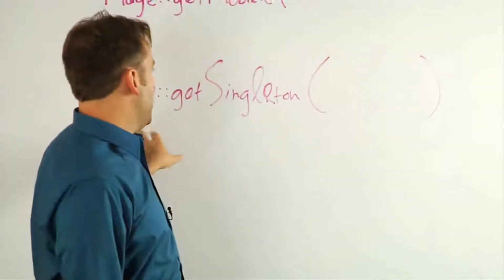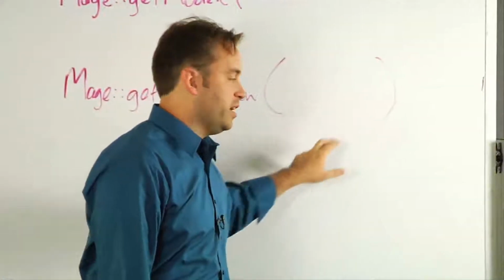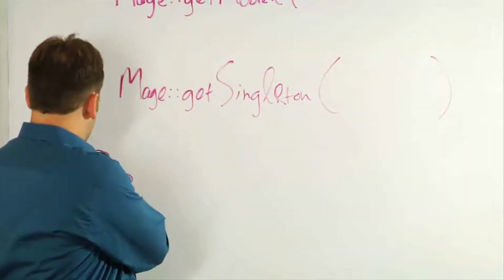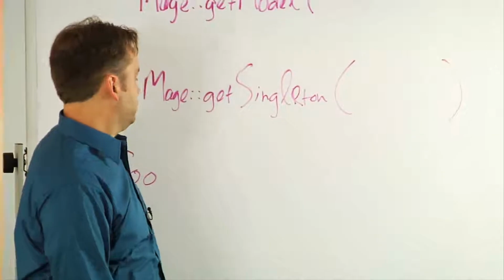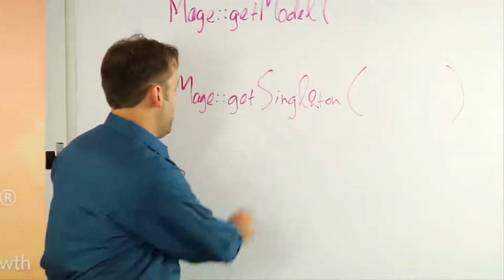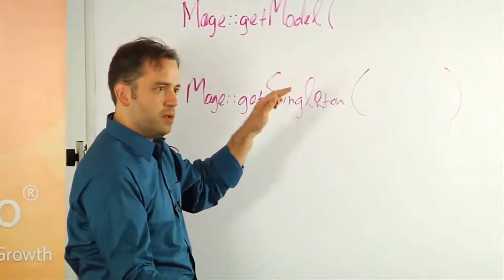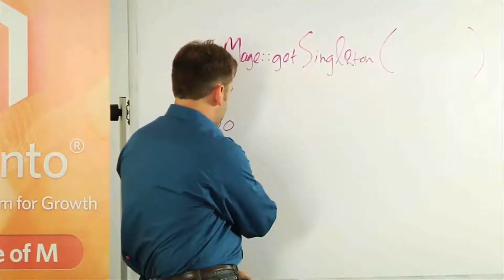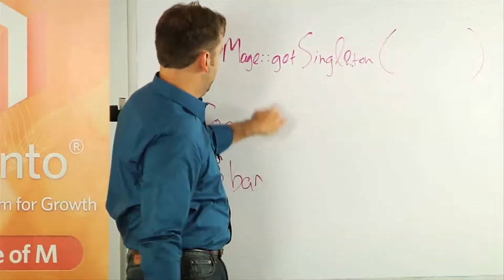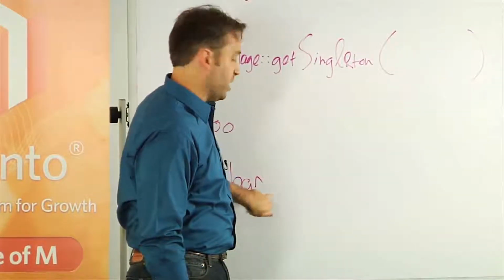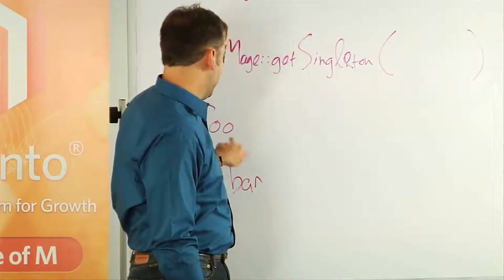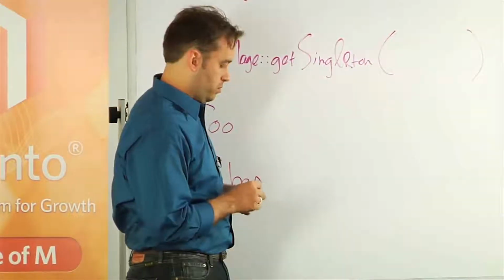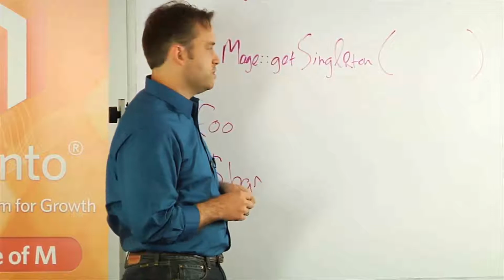So if I say Mage::getSingleton catalog/product and assign that to some variable foo, and then later on I say Mage::getSingleton catalog/product in the same request scope or execution scope and assign that to bar, anything I do here, these two will always be equal because they're just references.